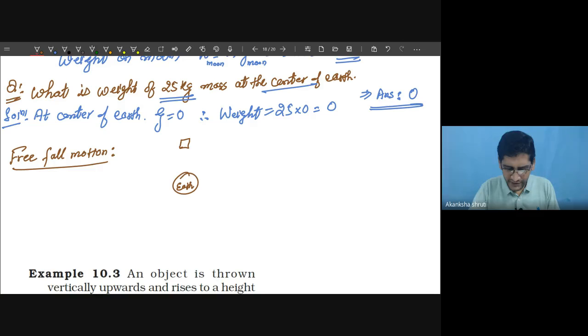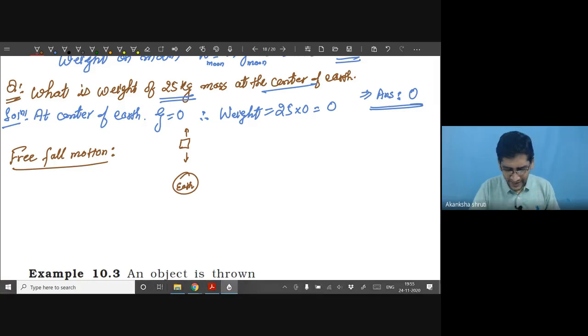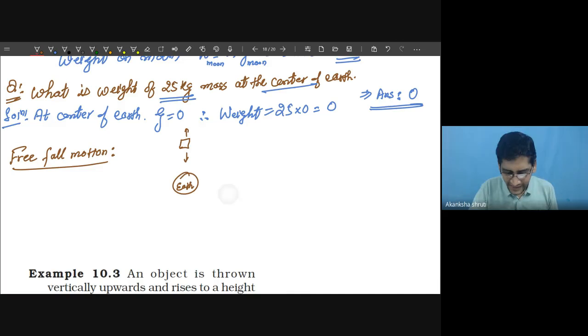So if the body is falling down or moving up, it is always acted on by the acceleration due to gravity because of the earth. In this case we have three important equations.